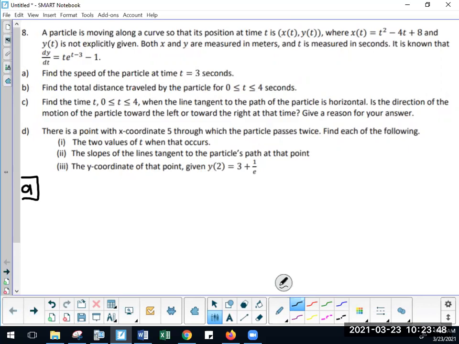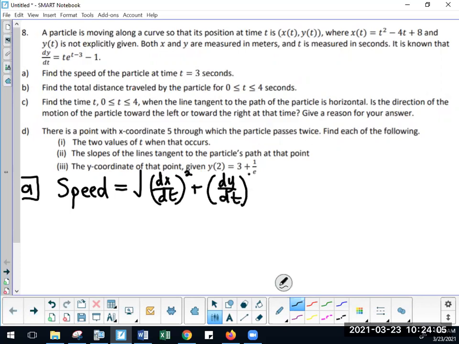So I said if we're parametric, or if you notice, vector, this is how we're going to find speed. So that's how you take the absolute value of a vector, or the magnitude of a vector, or find the speed parametrically. The only thing I'm missing is dx dt.